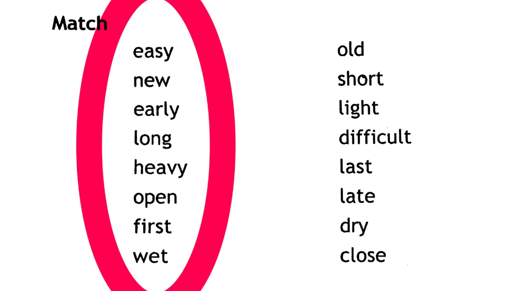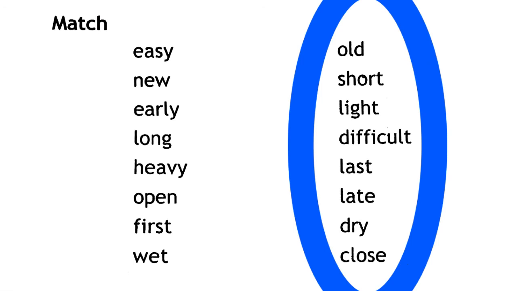Now we need to find the opposite words on the other side. The words they have given us are old, short, light, difficult, last, late, dry and close.